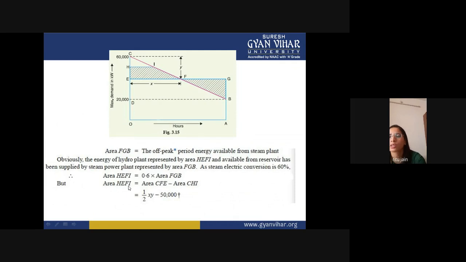Now area HEFI is equal to area CFE minus area CHI.